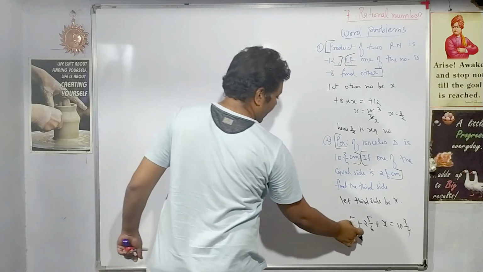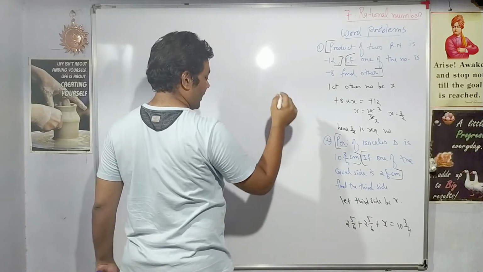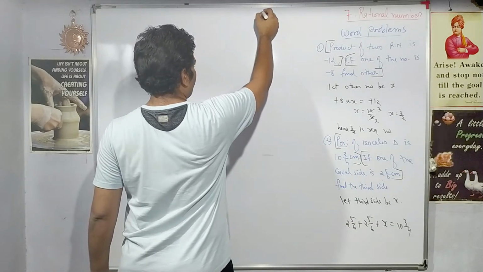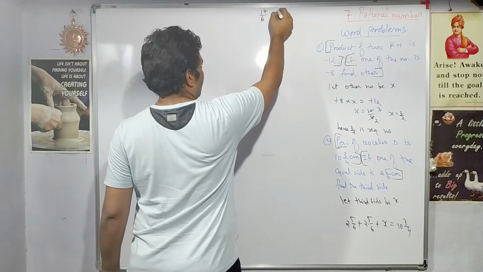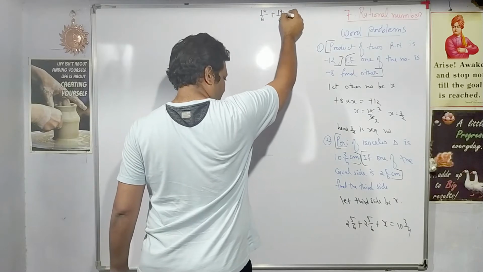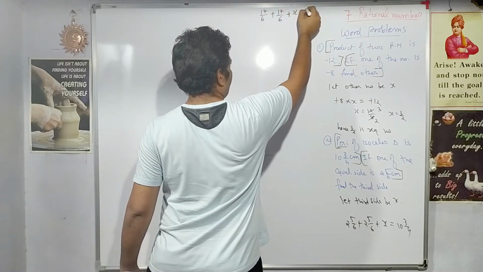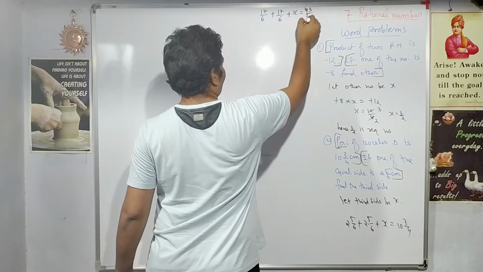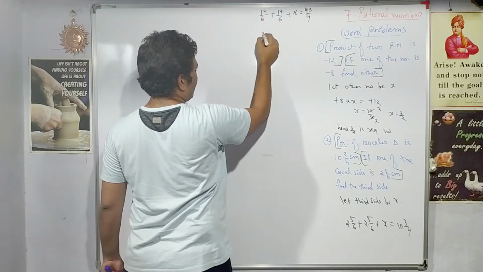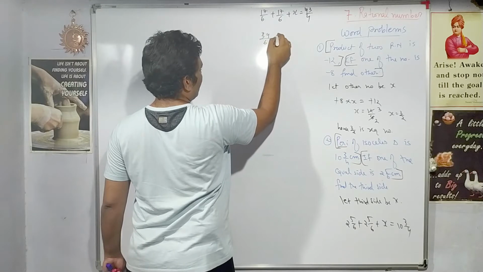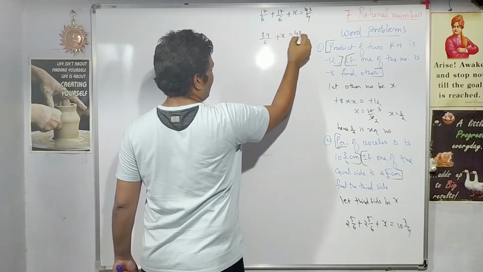First we will convert the mixed fractions into fraction form. 17 upon 6 plus 17 upon 6 plus x is equal to 43 upon 4. These two get added up. 17 plus 17 is 34 upon 6, plus x is 43 upon 4.